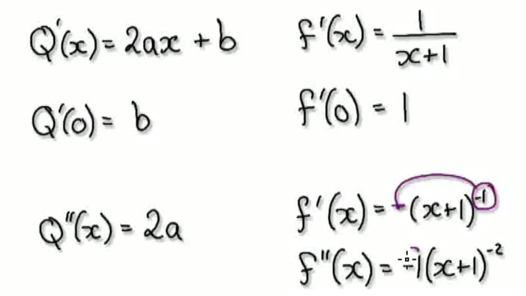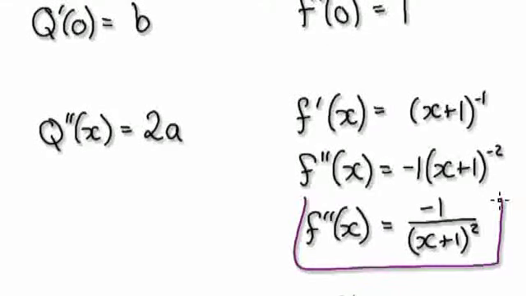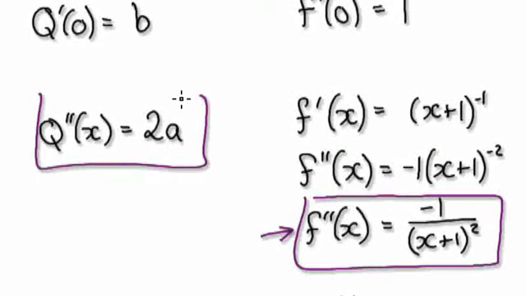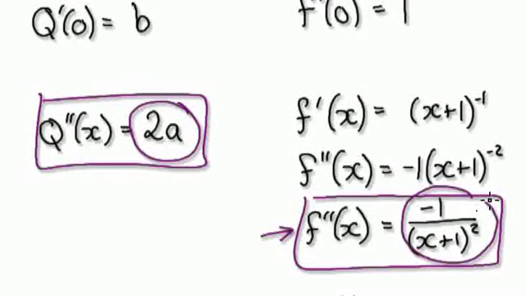The power goes down, giving you the -1, and then this here gets reduced by 1. Then tidy up, and that will give you this. So the second derivative of our quadratic is given by this. We want to set this to be the same as this.